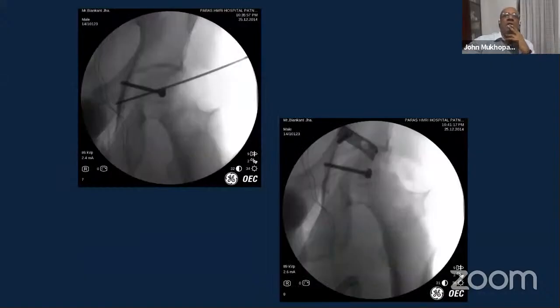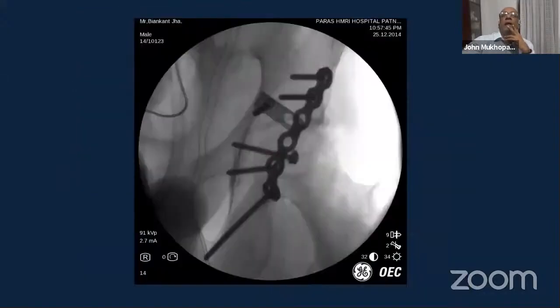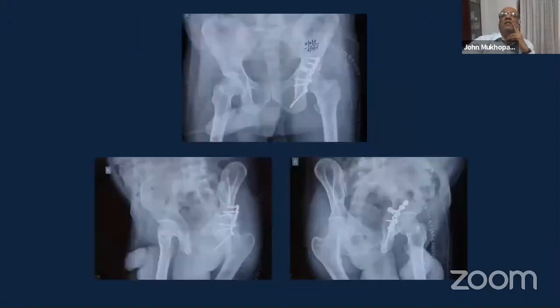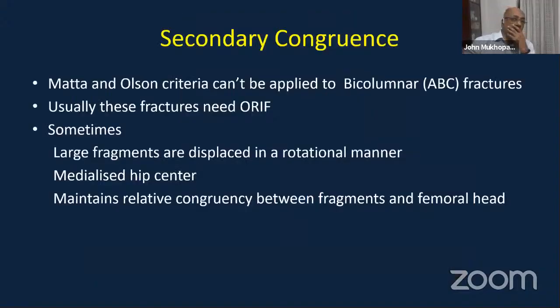That's the lag screw, the spring plate, and then the buttress plate on the back being put in. This patient went on to do well. These are his other X-rays showing that the joint is well fixed and there's no intra-articular hardware in the fixation.